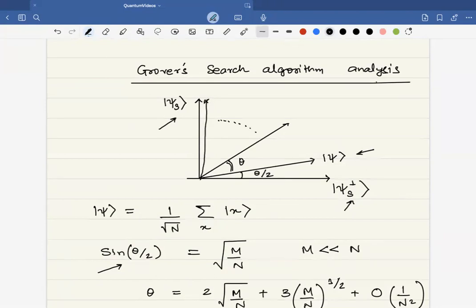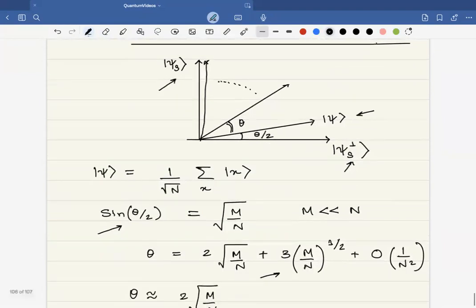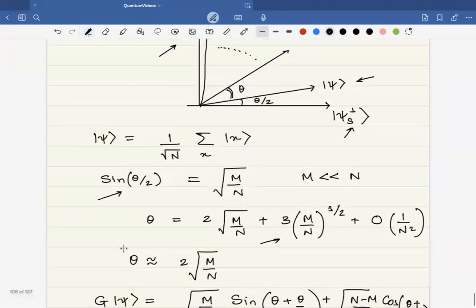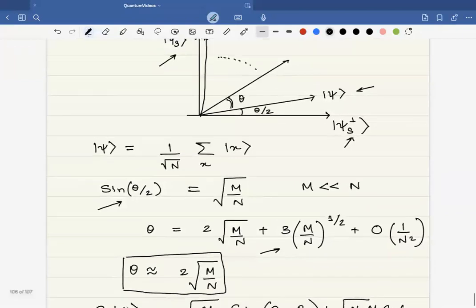And we choose the approximation of theta to be, so it's a little bit lesser than what actually we should rotate.